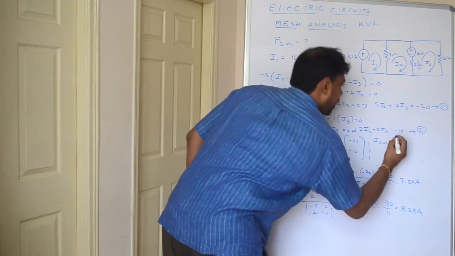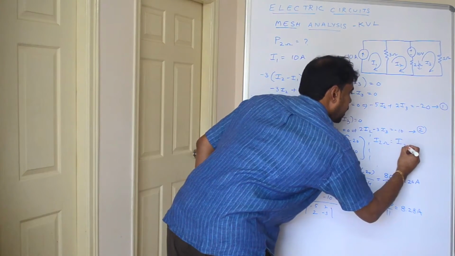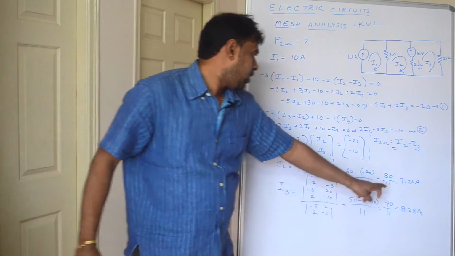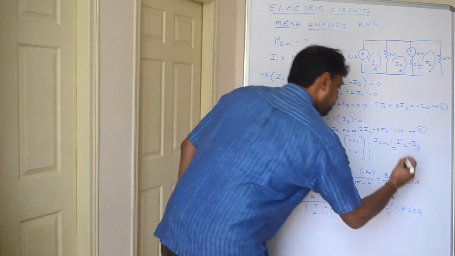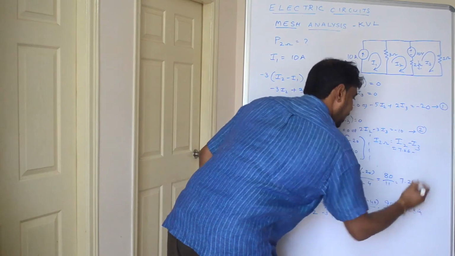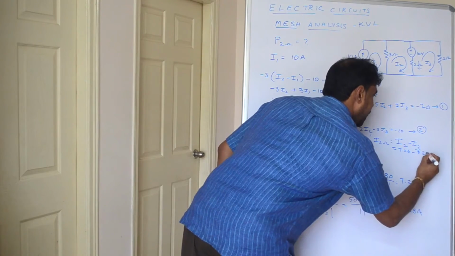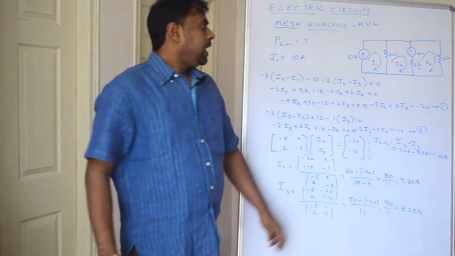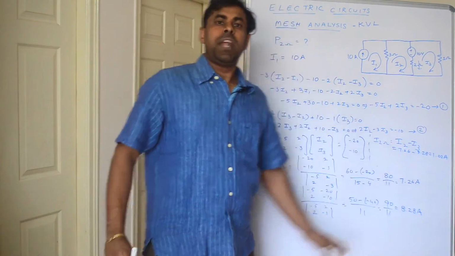The effective current flowing in 2 ohms is nothing but I2 minus I3, which is 7.26 minus 8.28. The current in 2 ohms is approximately 1 ampere.